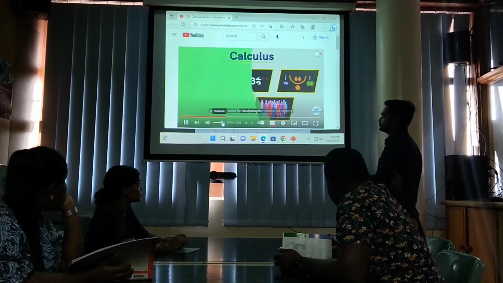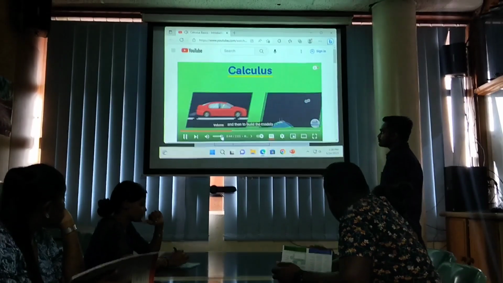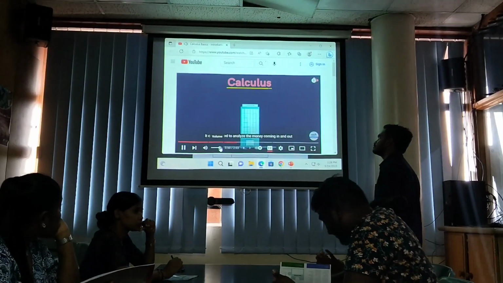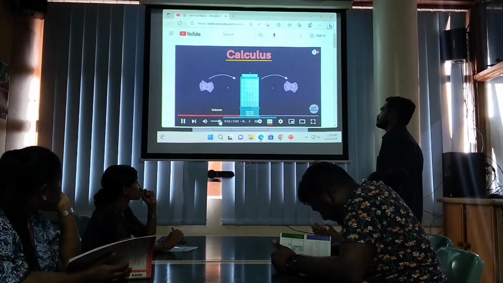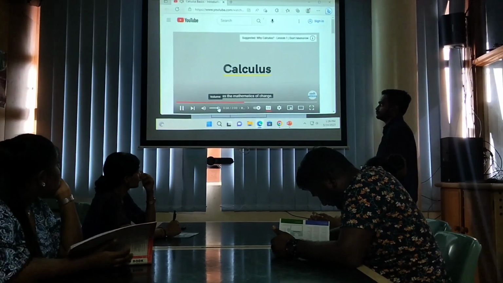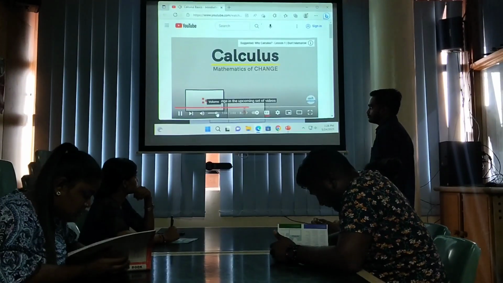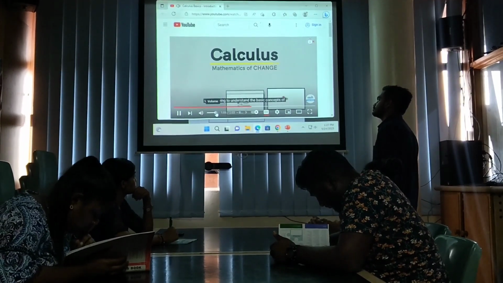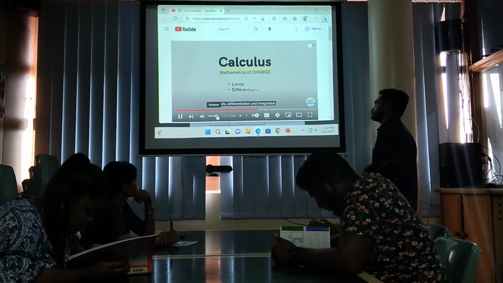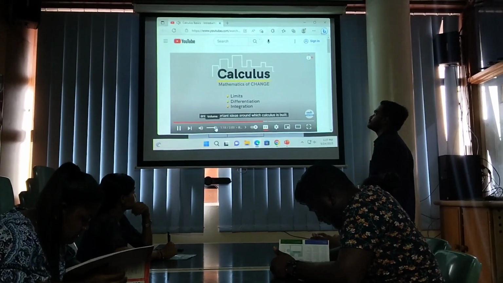For example, calculus is used for analyzing the motion of objects, and then to build the models to predict the trajectory of things like rockets. It can be used to analyze the money coming in and out of a business, and then to build models to maximize its profit. Calculus can be referred to as the mathematics of change. So to develop the skill of predicting change in the upcoming set of videos, we are going to understand the basic concepts of calculus. Limits, differentiation, and integration are the important ideas around which calculus is built.